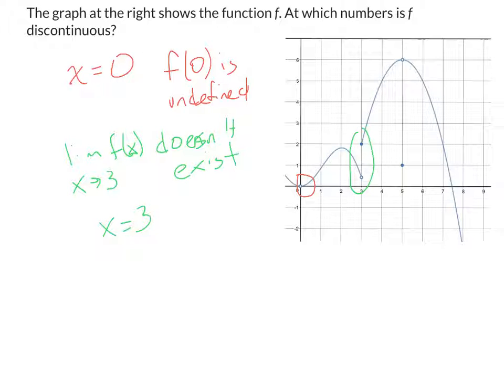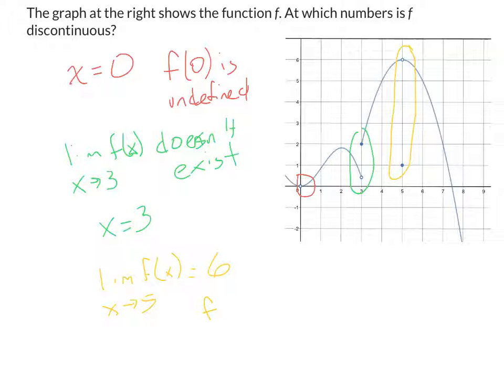And finally, I have a third discontinuity right here. And this one is because even though the limit of f of x as we approach the number 5 exists, it goes to a value of 6.